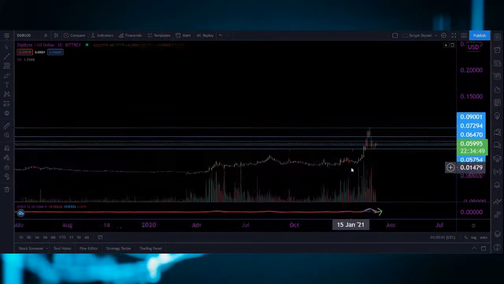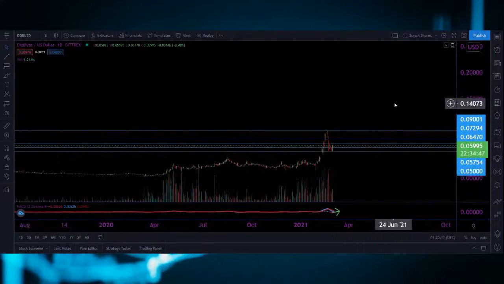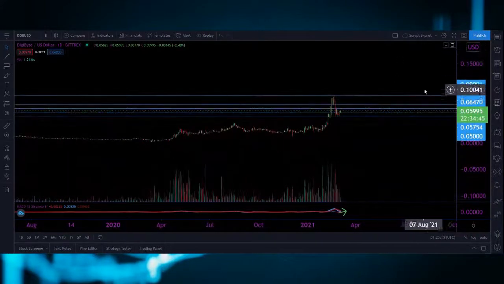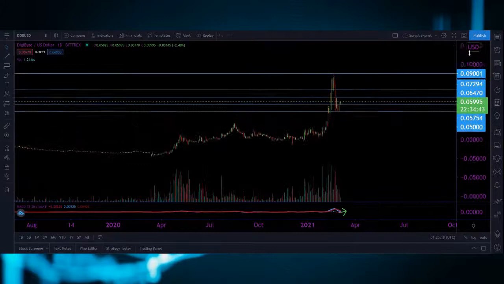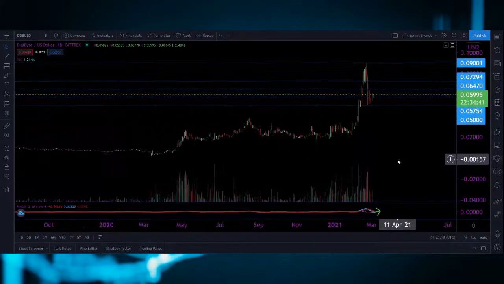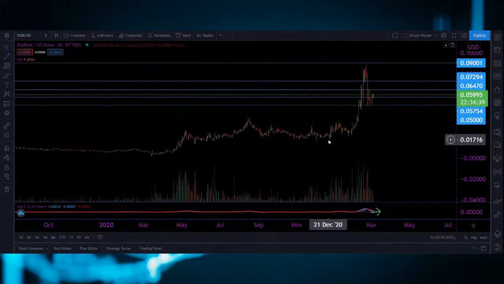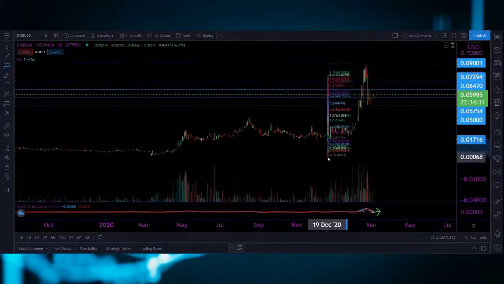Now, where is it going to go? So this is kind of interesting too. Let's pull out the fib. I'm going to break it down here. Oh, wrong way. Hold up.